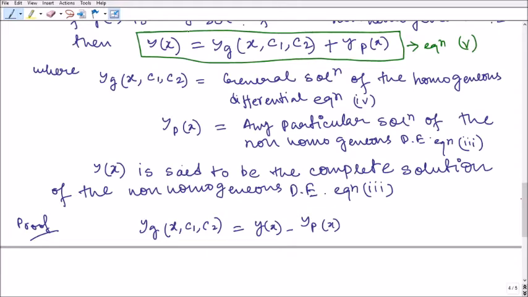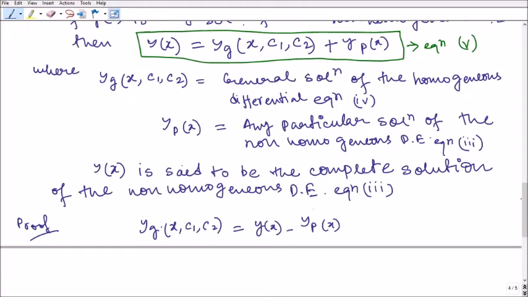We will prove this equation 4, that is, the complete solution is equal to the general solution of the homogeneous differential equation plus yp of x, that is, any particular solution of the non-homogeneous differential equation.